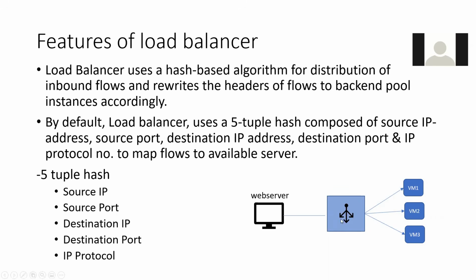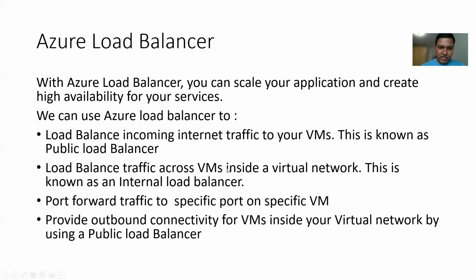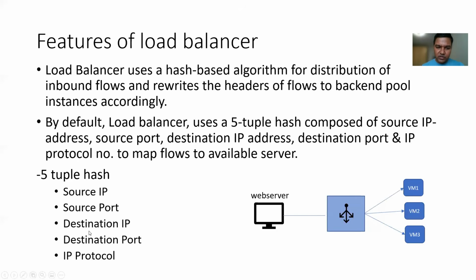So this is an example of a public load balancer where it takes 5 pieces of information, which is called a hash. Remember we said that if it is port forwarding and traffic comes with a specific port number, it is going to know from this tuple that the destination port is this, the destination IP address is this, so send this to this, and it also knows what protocol is there.